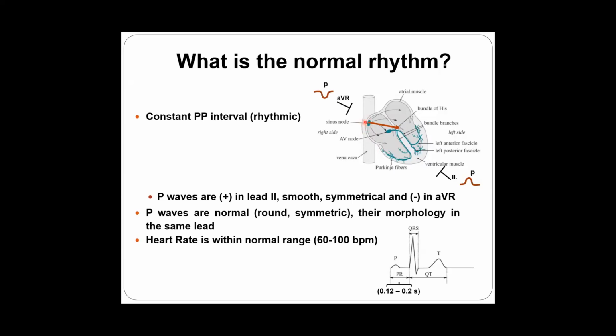This generates an impulse that propagates from the right to the left. If you watch this vector, it's pointing toward the left side.